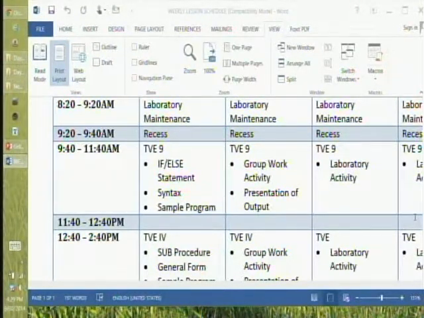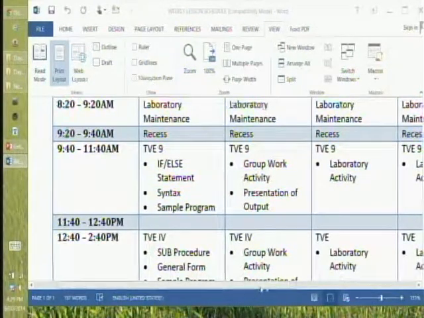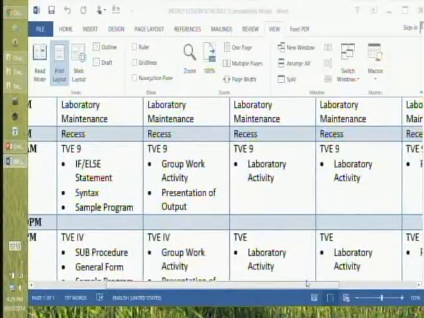After that, there will be a presentation of output from each group. Then the succeeding days, from Wednesday to Thursday, there will be a laboratory activity, which is an individual work. And Friday is the evaluation, practical test.